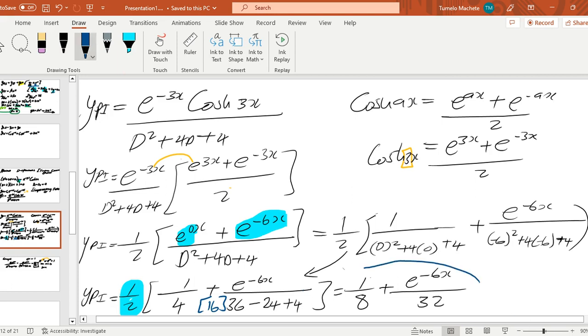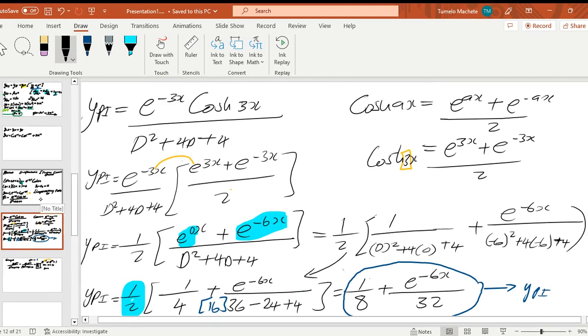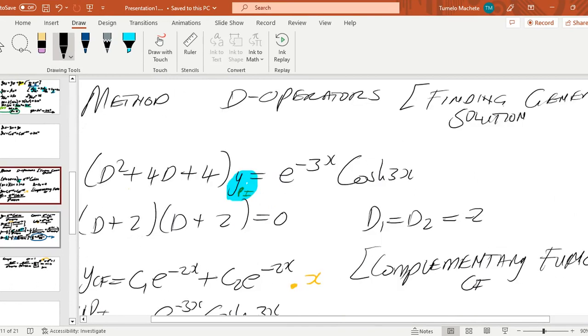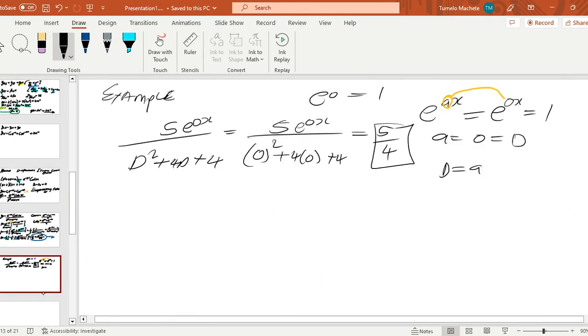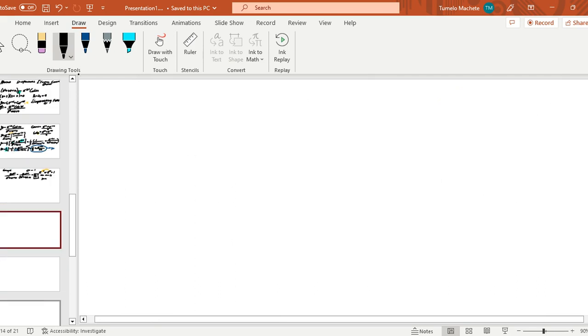This is your YPI. So you're going to take this YPI back to that equation for YGS. So you're going to say YGS, Y general solution, is equal to YPI plus YCF, or YCF plus YPI. It doesn't matter which one comes first.